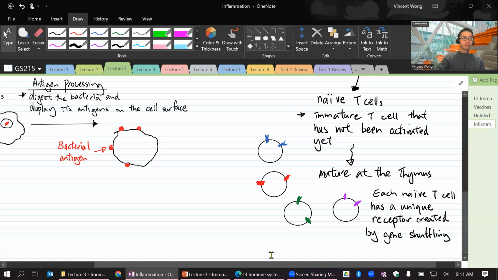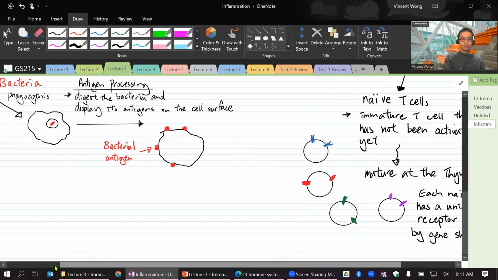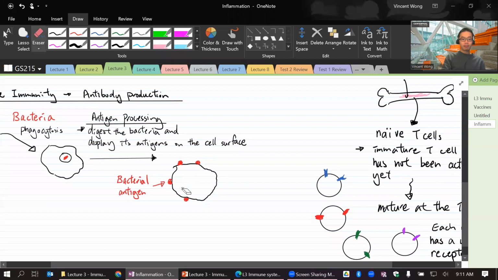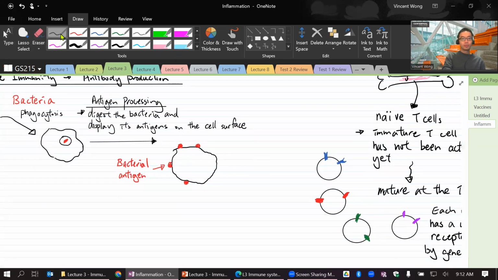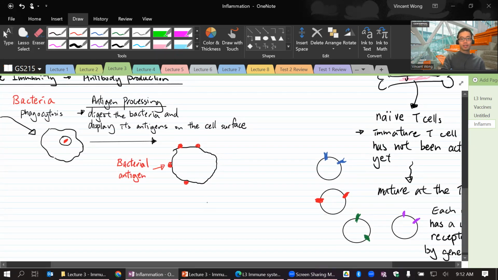All right. Let's see what's going on next. Now back to our original happy macrophage that has just ate the bacteria, processed the bacteria, and put it on its surface. So what this macrophage will do now is something called antigen presentation. That's next. Okay, antigen presentation.